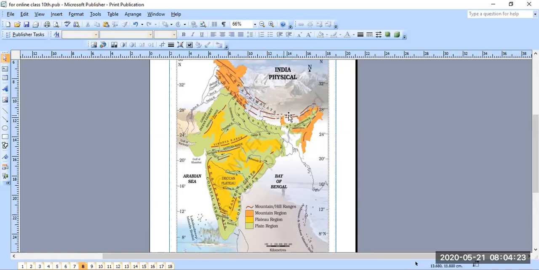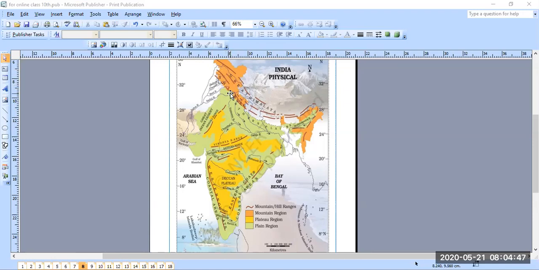So this Great Himalayan Range is also geologically known as the New Fold Mountain. Why do we call it New Fold Mountain? Because it is made up of new material that is brought from the sea. And why do we call it Fold Mountain?